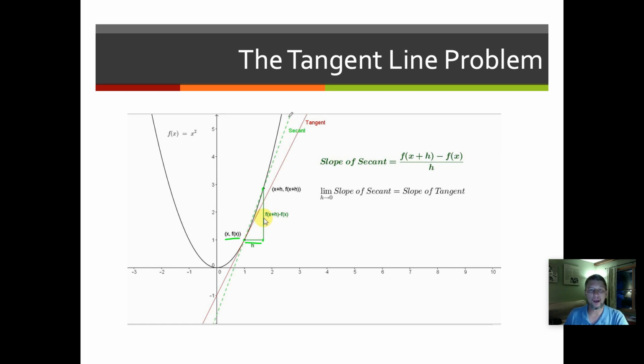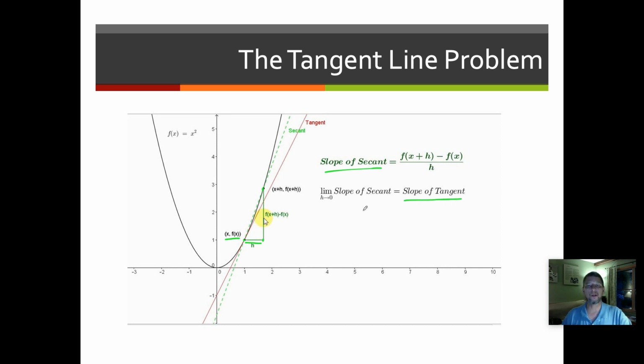Now, if I calculate the slope of this green dotted line, which passes through both points here, I get the slope of the secant. And that is the difference quotient. Now, here's the real rub. If I take the limit of that difference quotient, or the slope of the secant, as h approaches 0, so the value of h is getting smaller and smaller, really, really close to 0, then I get the slope of the tangent.